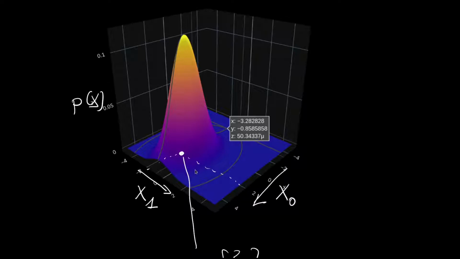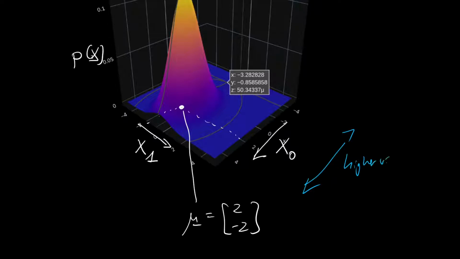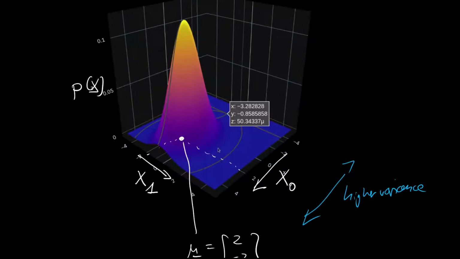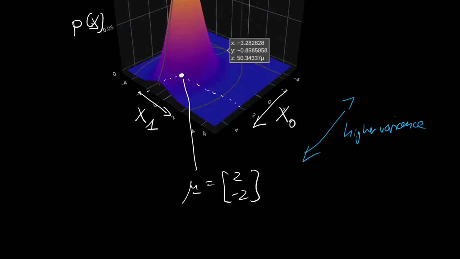And then we see one more thing. And if you look at the isolines here, these are ellipsoids. They are no longer circles. And this is because we have a higher variance in x0 than in x1. So we have higher variance. And that causes that our isolines or our contour lines are ellipsoids. But we can also see another thing, which is similar to the intro, where we also had different variances on the random variables, and that is that our distribution is still axis aligned.